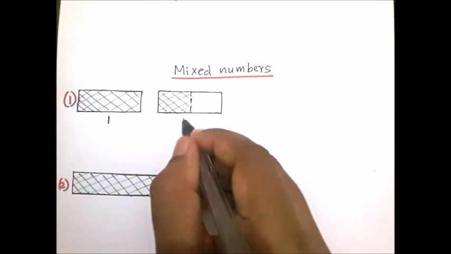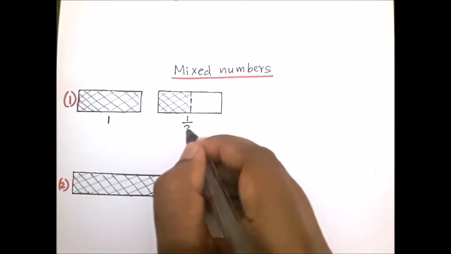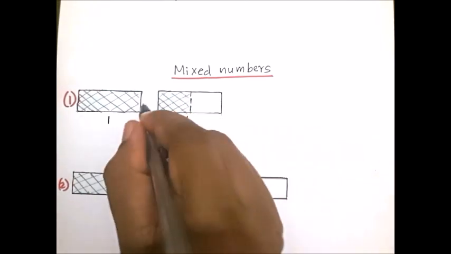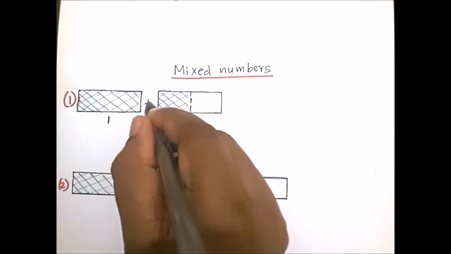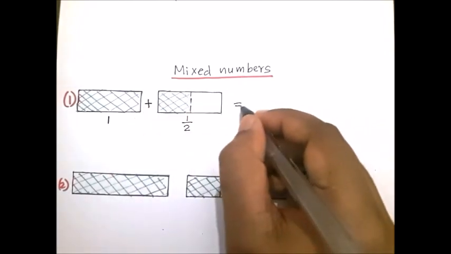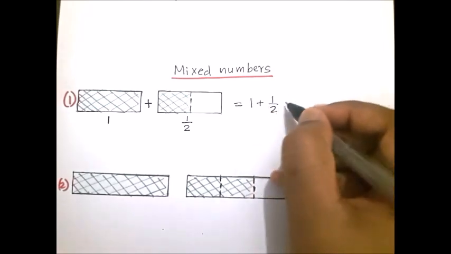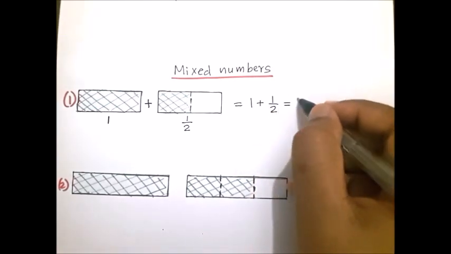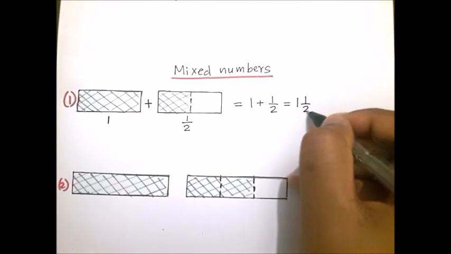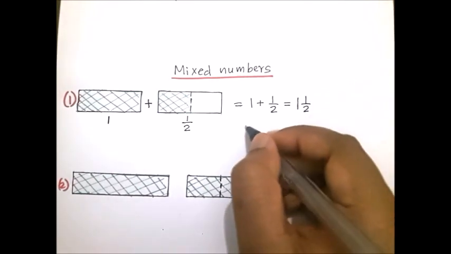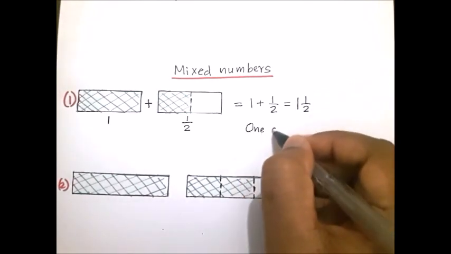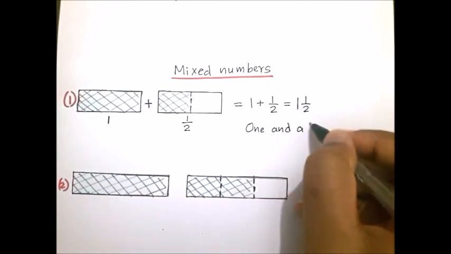Here half of a rectangle is shaded. What is the sum of these two? If you add these two, it is equal to 1 plus half. We can write this as the mixed number 1 and half. We can read this as 1 and a half.